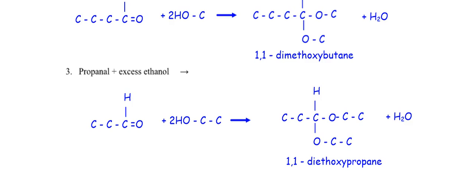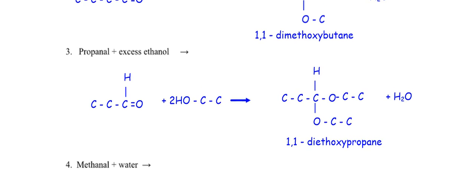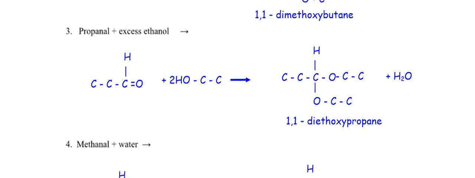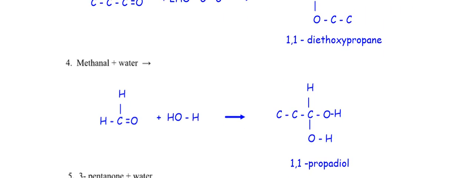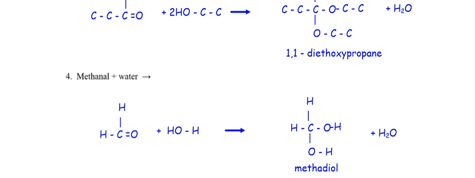Why don't you go ahead and do methanol and water now? All right, welcome back. Let's see how you did. This is what I got. So here's my methanol. That doesn't look right. Phew, I fixed that.